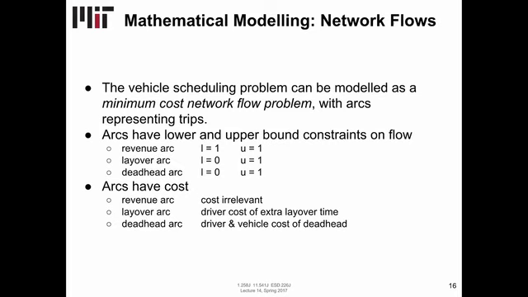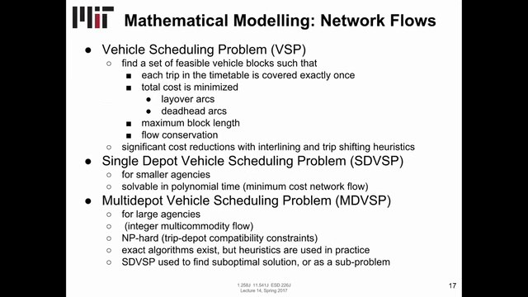So it's basically the matter of choosing the configuration of layover arcs between 0 and 1 and deadhead arcs between 0 and 1. A maximum block length is guaranteed. This is usually not a problem unless the fuel situation, especially for electric vehicles, is restricting. We may want to put additional restrictions on the maximum length of the vehicle.